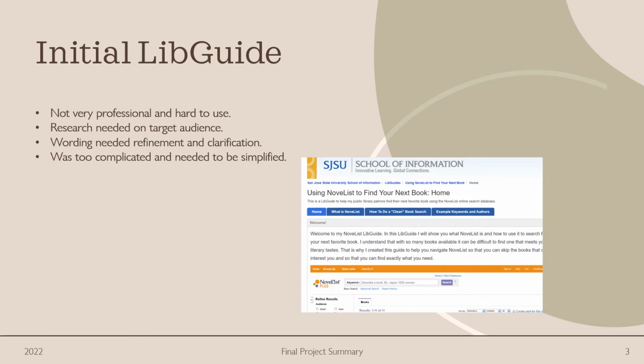But it became obvious that even though I had a specific target audience in mind, I needed to do more research to find out what their needs were, which is why working as a reference desk librarian, I was able to ask questions and get a lot of feedback from real patrons to help me understand how to create a good LibGuide for their user experience. The wording needed to be refined and clarified on the LibGuide, and overall it was just too complicated and it needed to be simplified. So that's what the initial LibGuide looked like, and it was the starting point for what was to come.